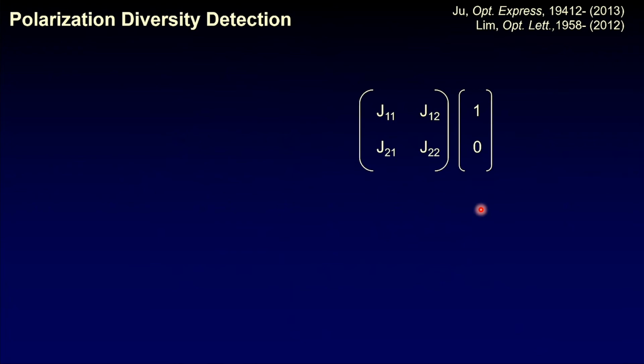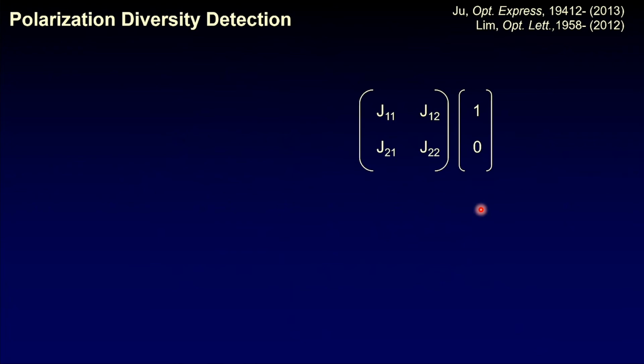It depends on the definition, but here we define it as 1, 0. The sample, or technically speaking, it's not a pure sample, but a sample with some optical fiber effect or something. But you can assume at this moment this is a sample Jones matrix, and this is illuminated by the P polarization 1, 0.